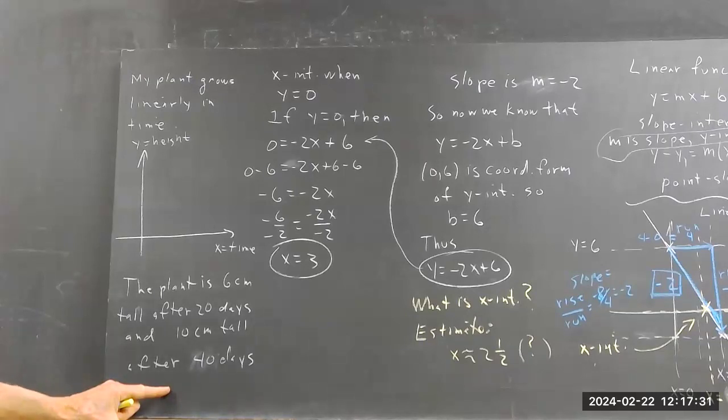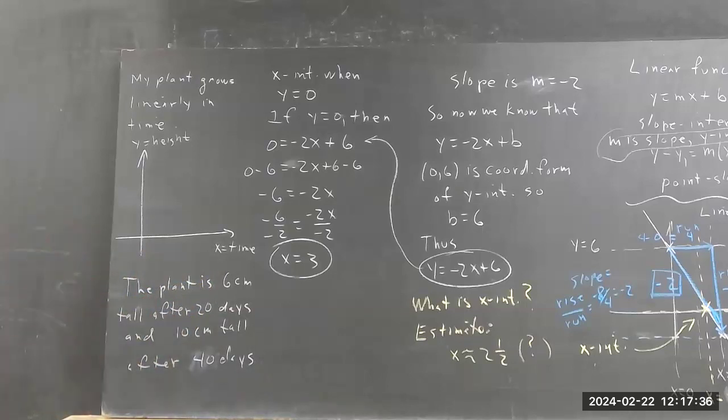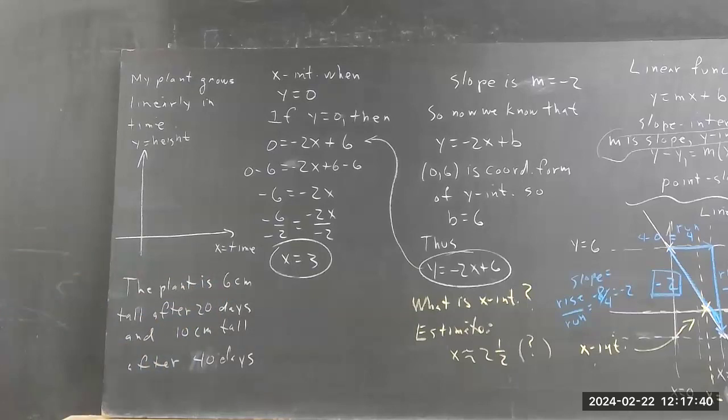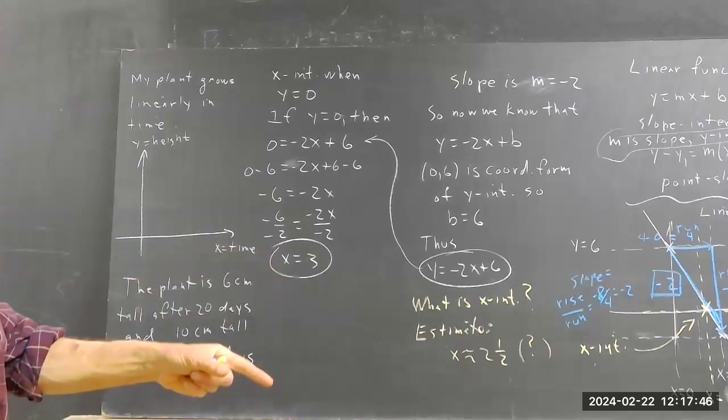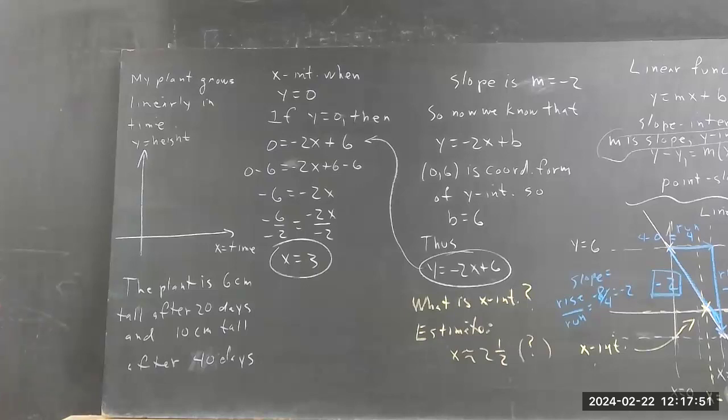What point on the graph would correspond to the plant being 6 centimeters tall after 20 days? Well, you don't need to know what point it is. You say 6 centimeters. Okay. Now, is that the height or the time? That's the height, right? 6 centimeters. Time runs in other units, and in this case, it'll be days because that's the way I'm giving you the information.